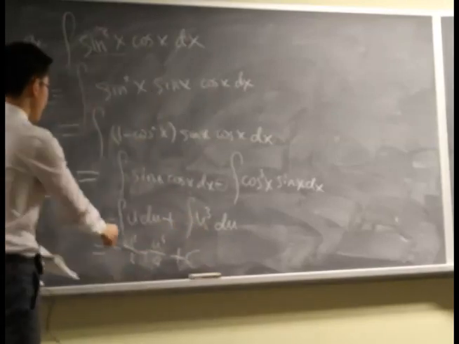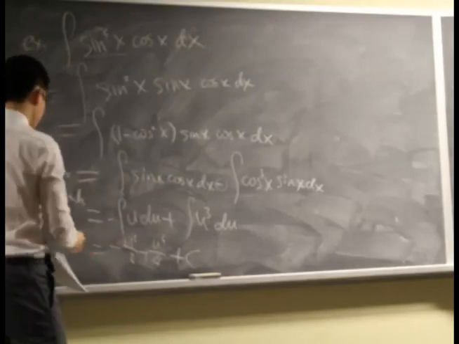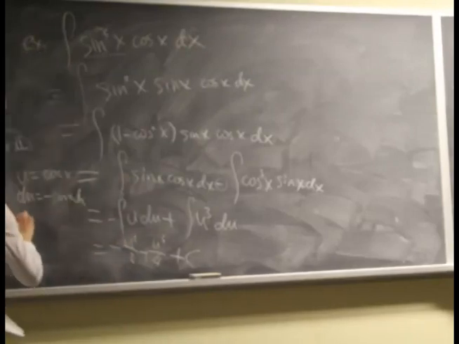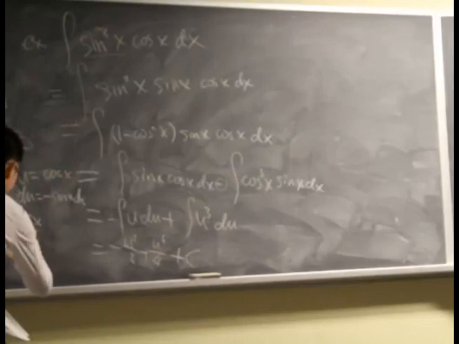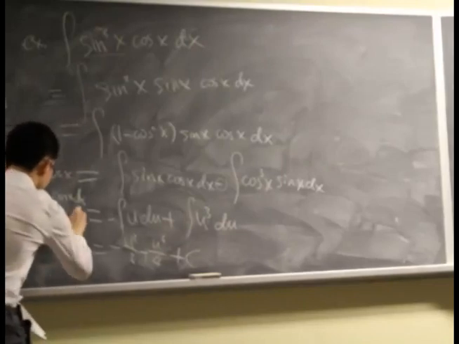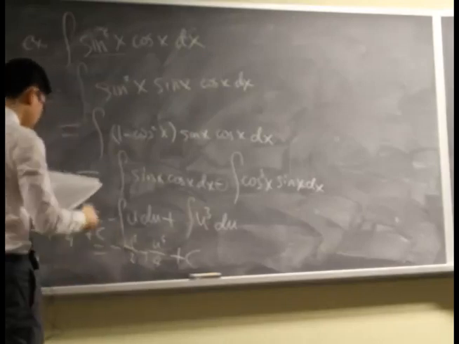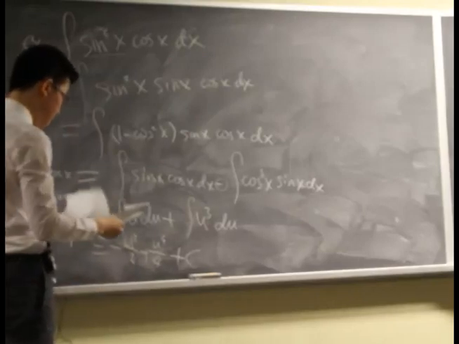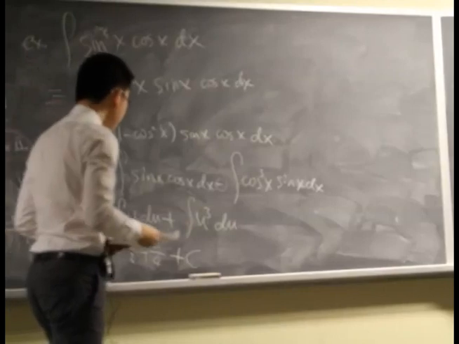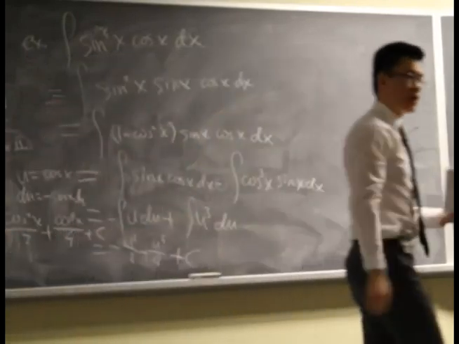And then we can just substitute u equals cos x back, so that gives me negative cos squared x over 2 plus cos to the 4 x over 4 plus C. All right, so enough of that.